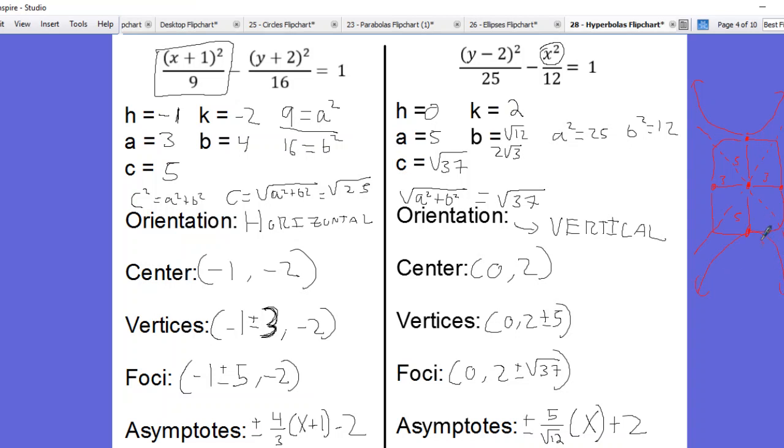And then lastly, you draw your foci, which are root 37 away from the center, each vertically. All right, so that was an example. Let's move on to the next one.